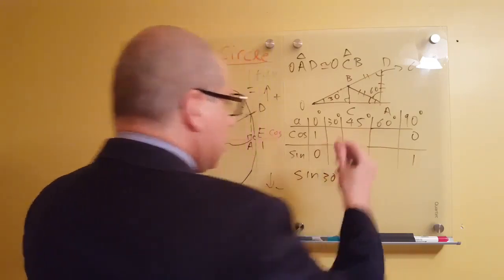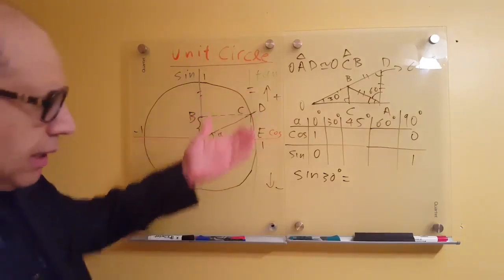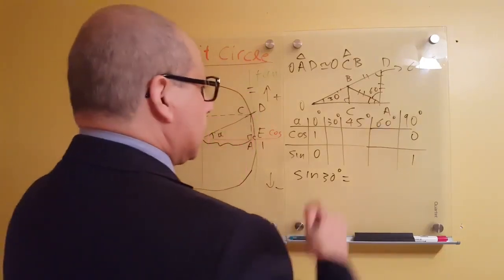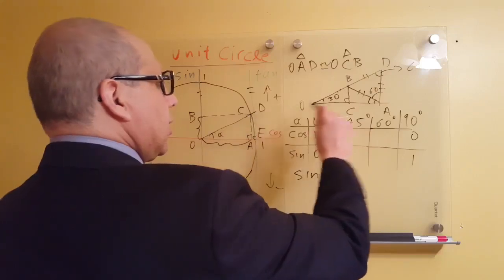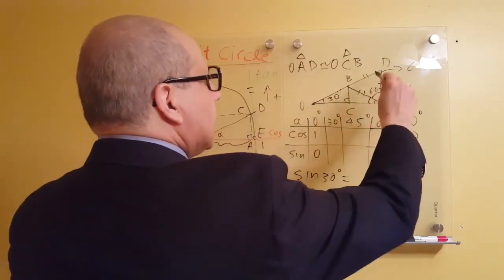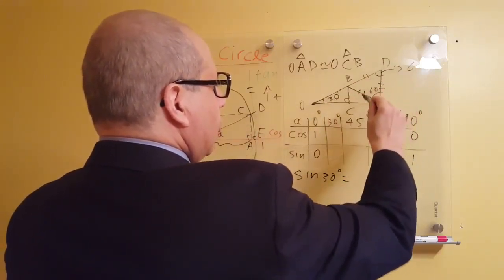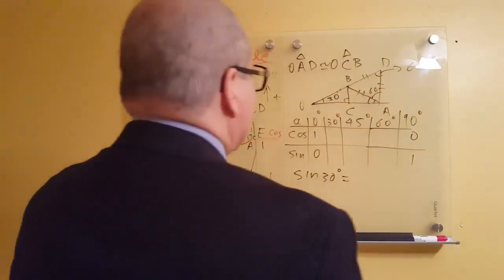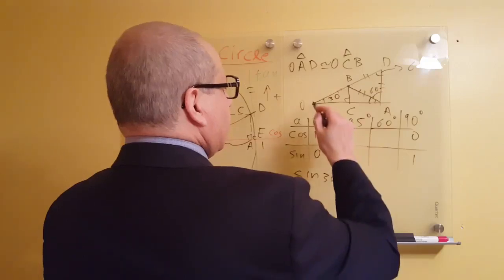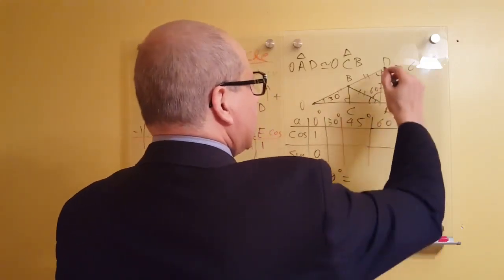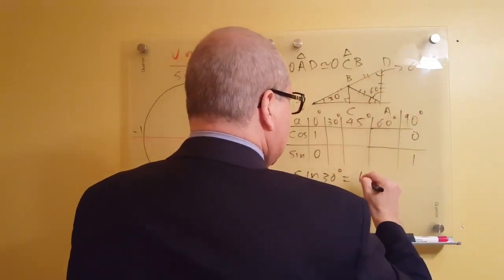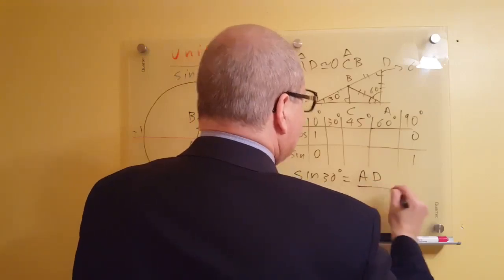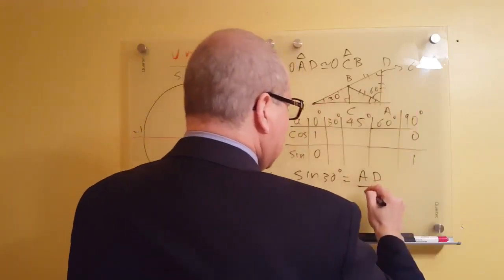By definition, if you don't know it already, the sine in a right triangle is the side which is across the angle over this line here, which is called the hypotenuse. So for this case here, it will be AD over OD.